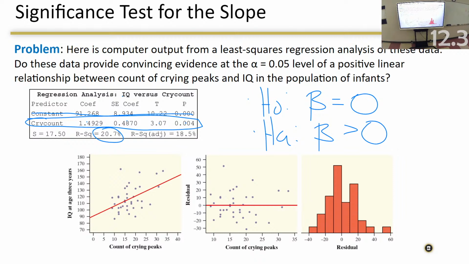Now, here's another little trick that they're going to give you. That P that they give you is always from a two-tailed test. So that means it's been doubled. That P has been doubled, and if I'm not testing two-tailed, then I need to cut it in half.